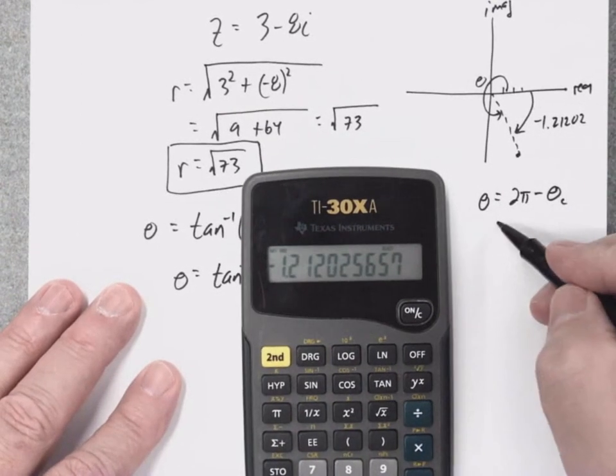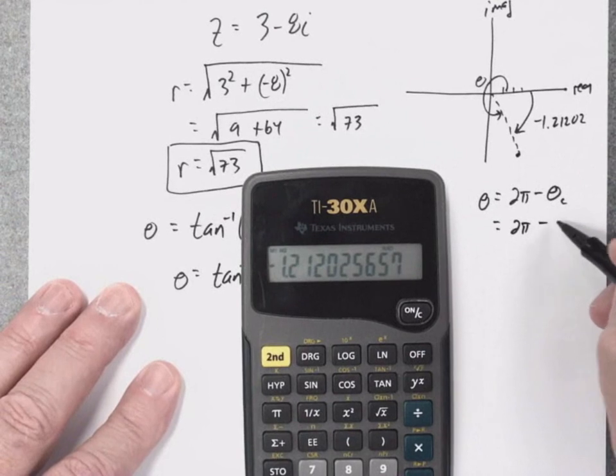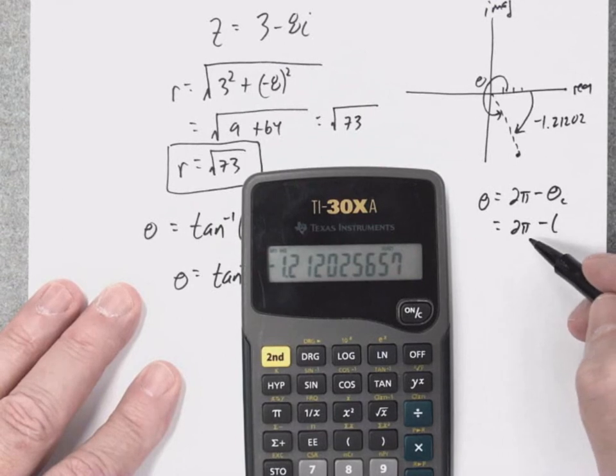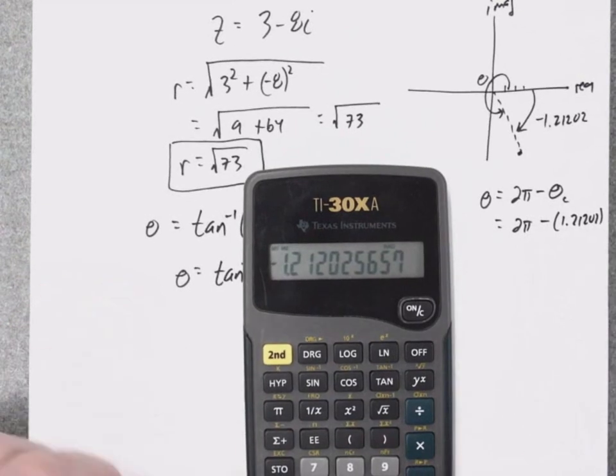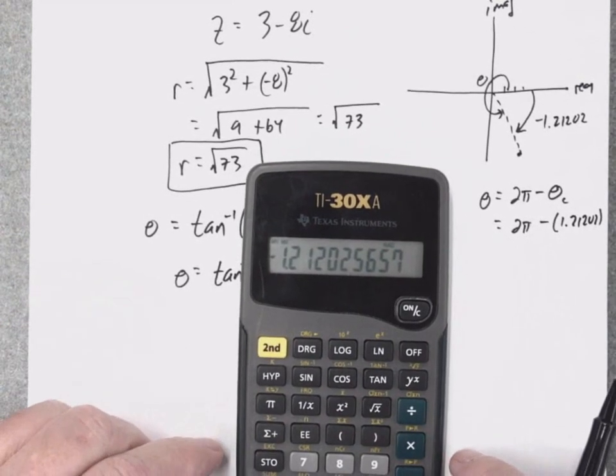But for my answer, I have to subtract that 1.21202 from 2 pi. Yours will probably be fancier than mine.